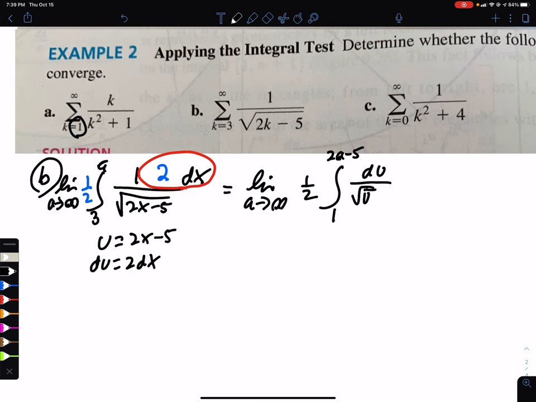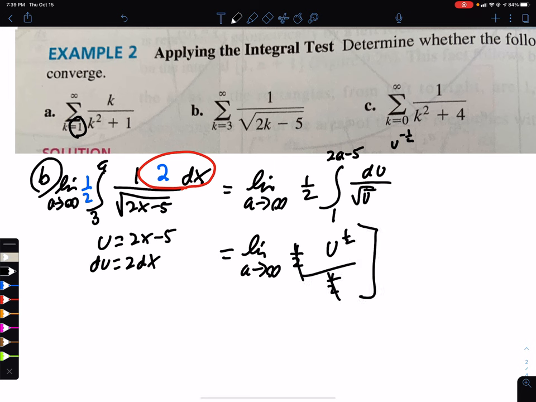Now this is u to the negative 1/2 power. So when I integrate that, I add 1 to the exponent and divide by that 1/2, and I'm going from 1 to 2a minus 5.